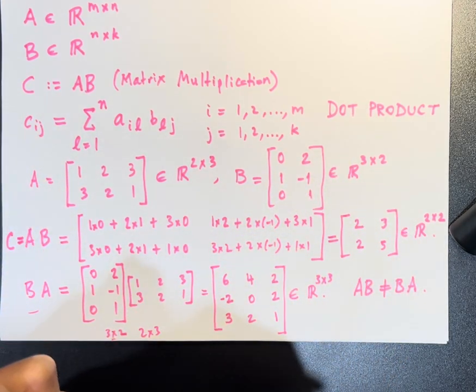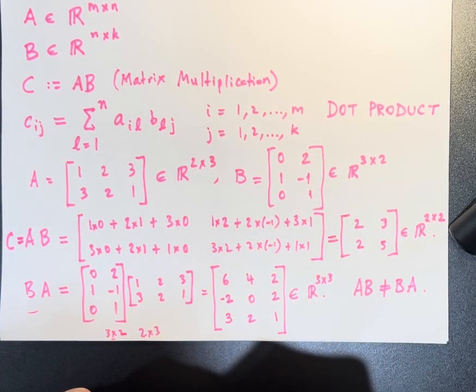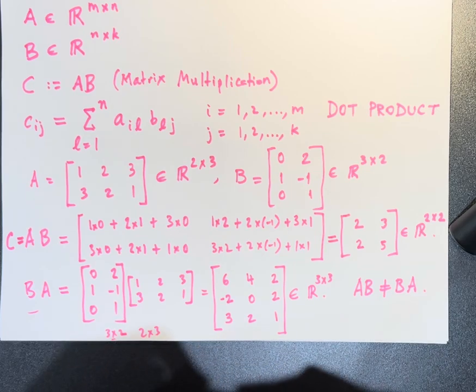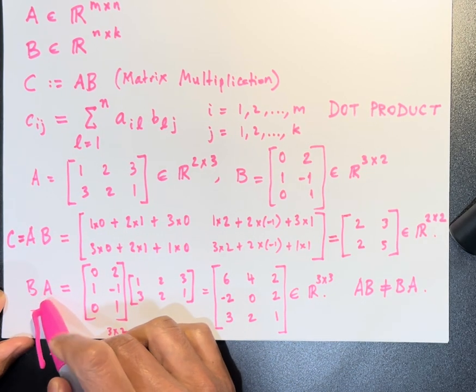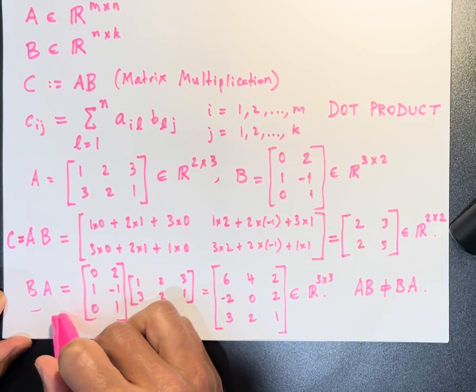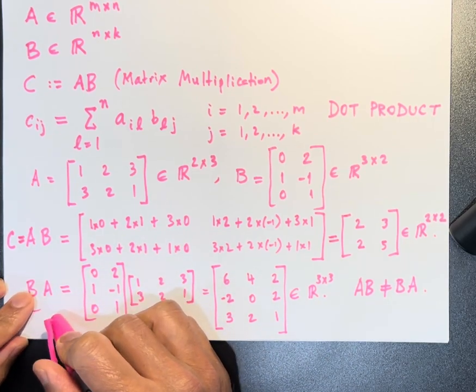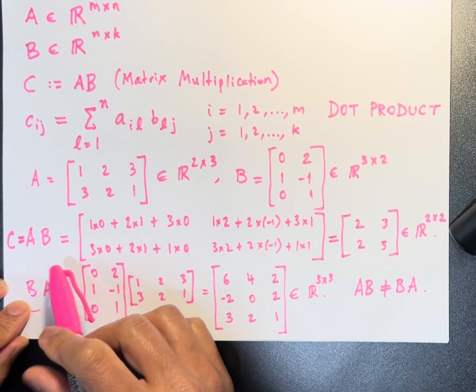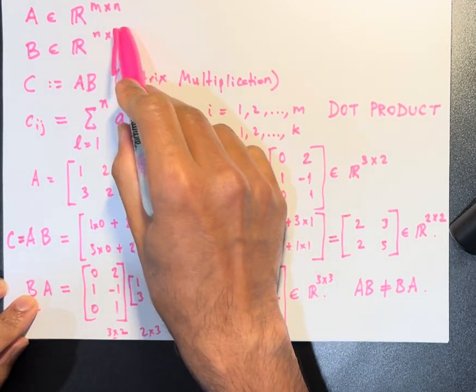So those should match and only then it is defined. And then they are talking about this BA will not be defined if m, actually if m is not equal to k.